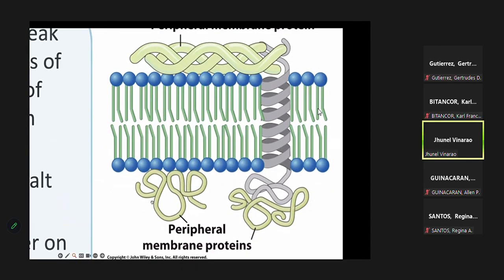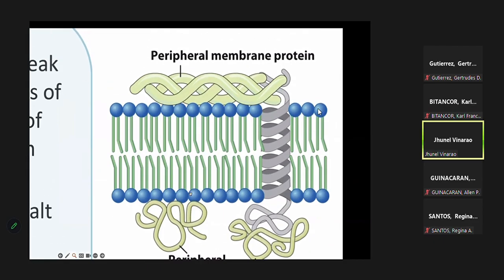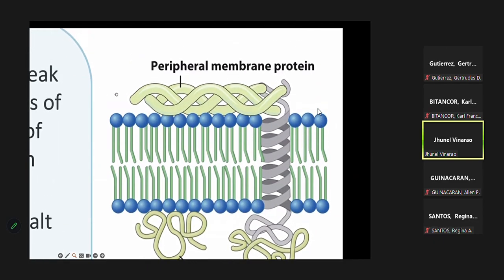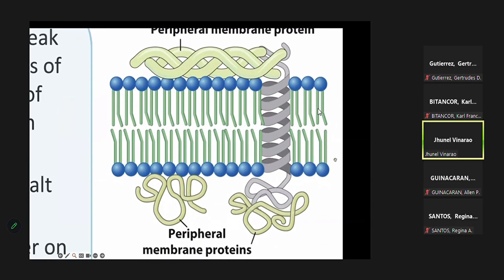If this is the cytosol, the bottom, and this is definitely extracellular, the monolayer of lipid facing the cytosol is called the cytosolic monolayer.